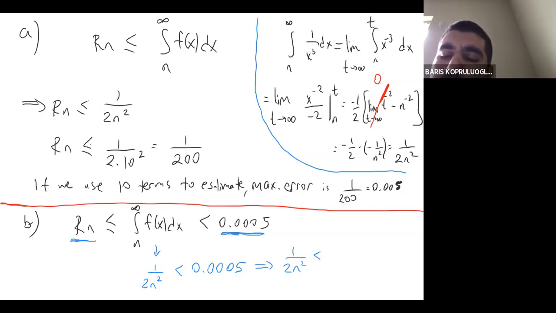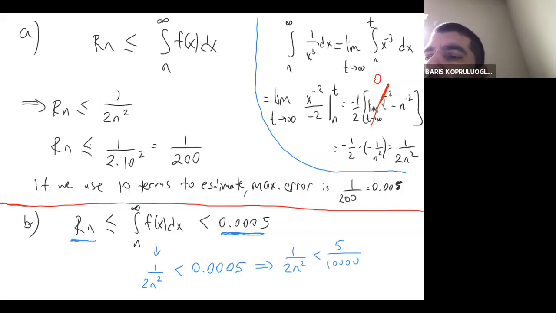I would suggest you turn it into a fraction. I think it's 5 over 10,000. And then there are a lot of things you could do.